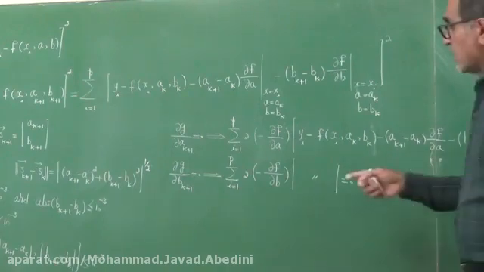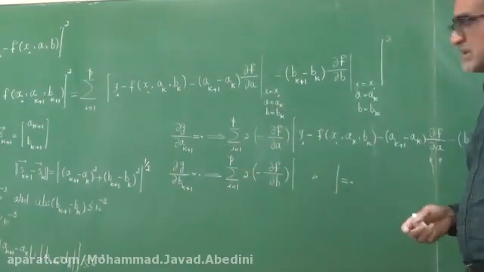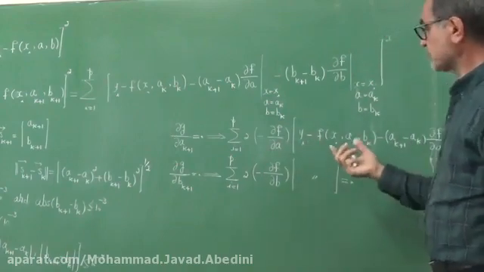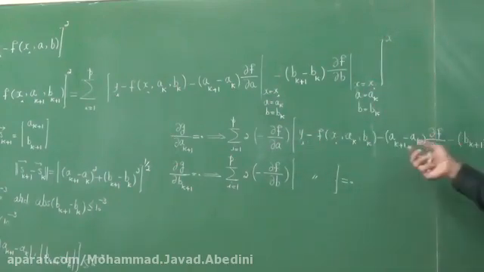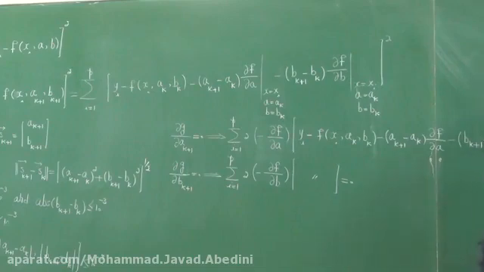Therefore, minus 2 will cancel out because this minus 2 cannot be 0. And then this will go on the other side. And then this times this times this will remain on one side. Therefore, let me write it here.